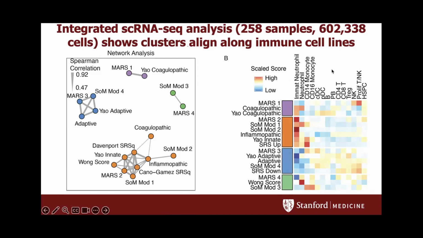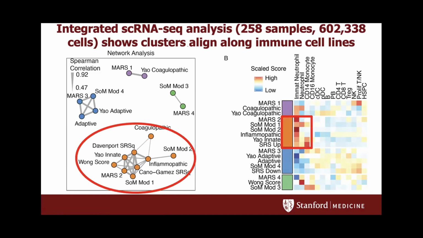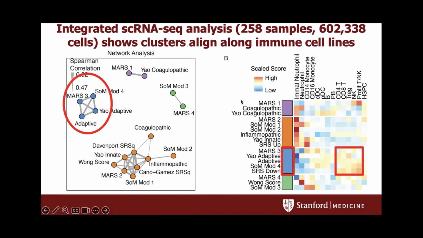And so I'll first turn to the most clear-cut groups. So this high-risk detrimental score in orange, all of which align, as you might expect, to the myeloid compartment, and in particular, these immature neutrophils. Then I'll point you to this protective cluster in blue, which lines up really nicely with the lymphoid compartment, in particular T and NK cells.